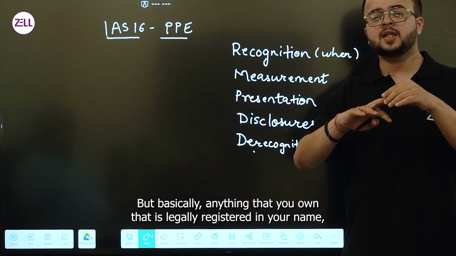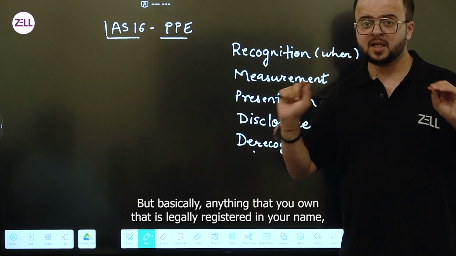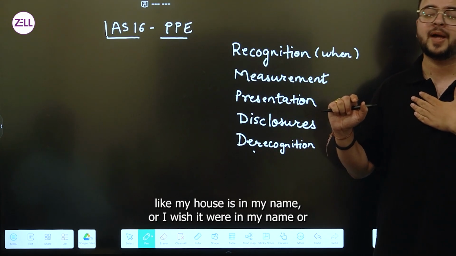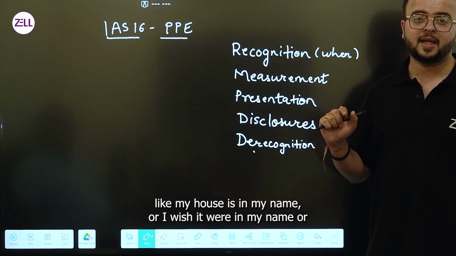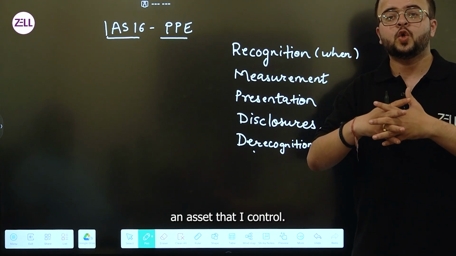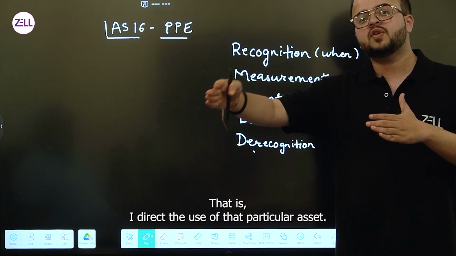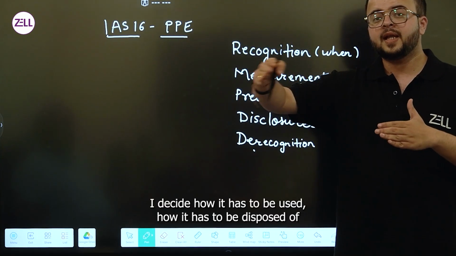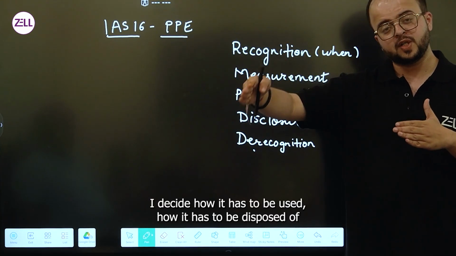But basically, anything that you own that is legally registered in your name, like my house is in my name, or I wish it were in my name, or an asset that I control, that is, I direct the use of that particular asset. I decide how it has to be used, how it has to be disposed of.